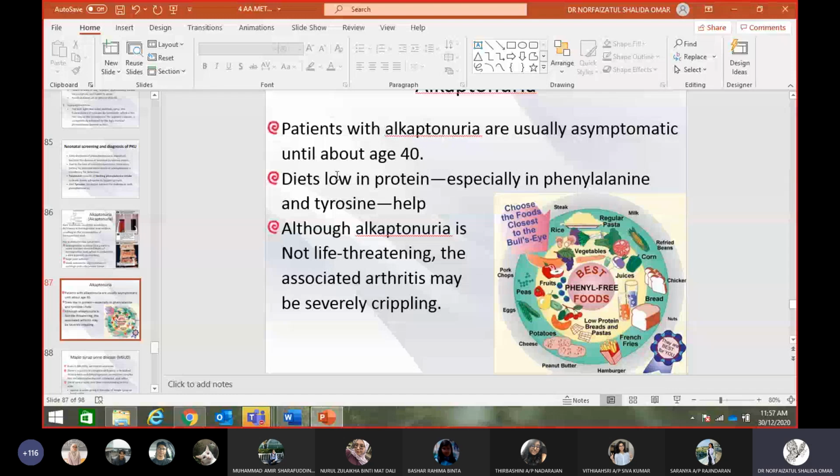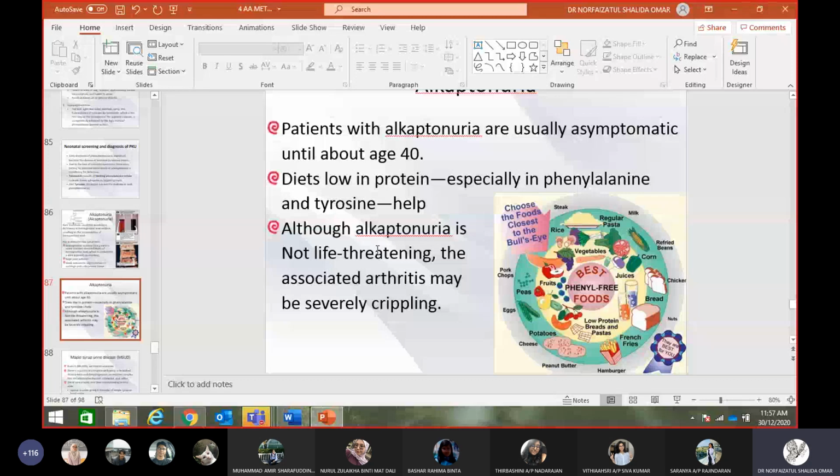The difference with alkaptonuria is that all other diseases are detected early, during the fetus or infant stage, but alkaptonuria is usually asymptomatic until about the age of 40. At the age of 40, only then can you detect the disease because it's not life-threatening. Only that when you age, it will affect the joints, so it will be harder for you to move and all.